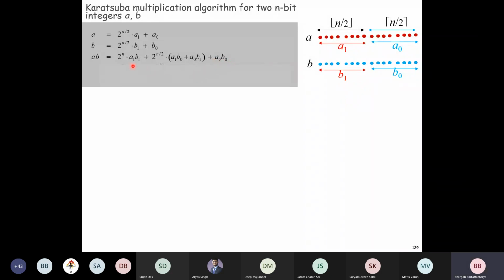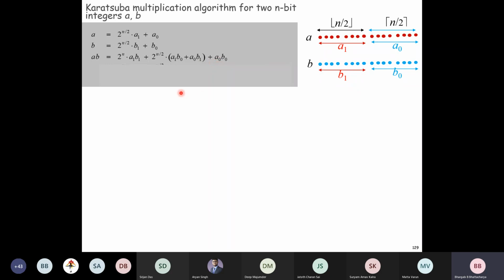Okay, so here notice how many product terms you have to compute. These are smaller product terms because A1 B1, A0 B0 are binary strings of length n by 2, right? So how many different product terms do you need to compute? A1 B1 is one. A1 B0 is another. Similarly, A0 B1 and A0 B0.